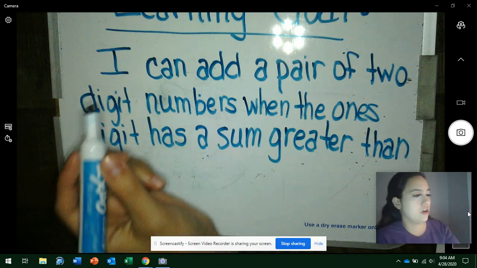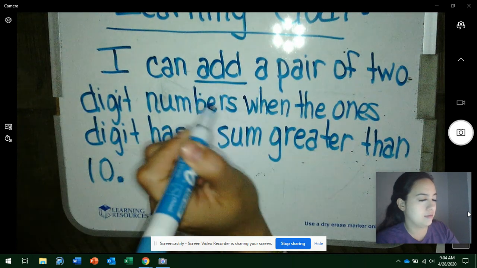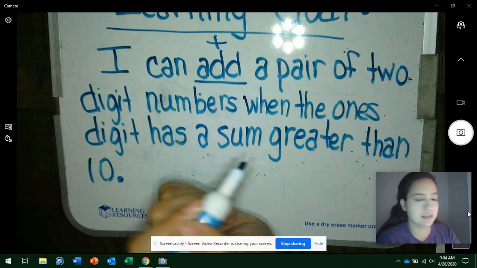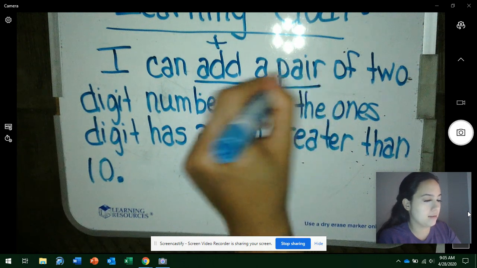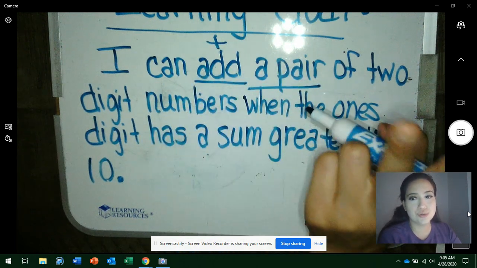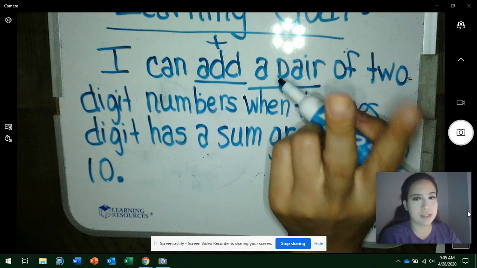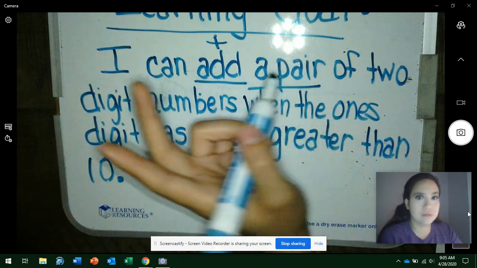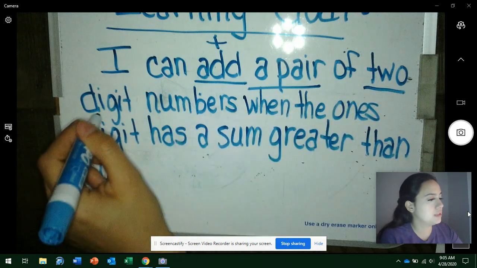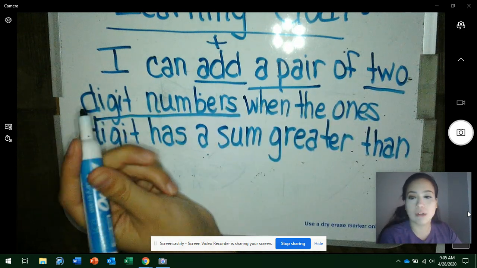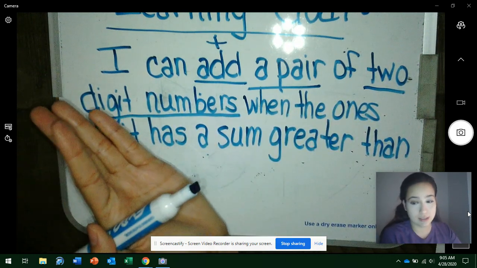So listen, all it says is you can add, which means we're going to plus. Again, we're going to practice doing plus. A pair means two numbers, a pair of two-digit numbers. So we're working with numbers that have tens and ones.